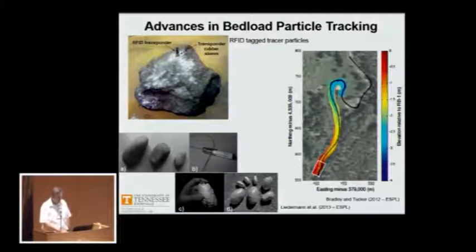Our motivation was to track particles in the flume. We had more challenges tracking particles in a flume than in the field, because the magnetic field that the pump generates was interacting with the antenna and affecting the radio frequency. But we were able to solve this problem.